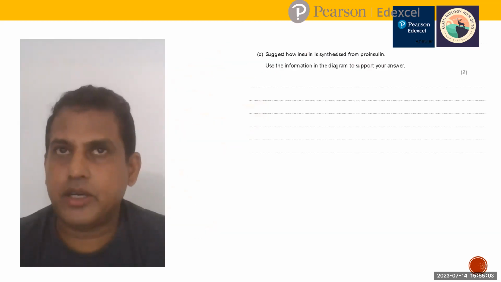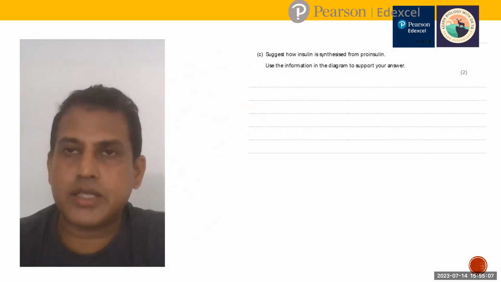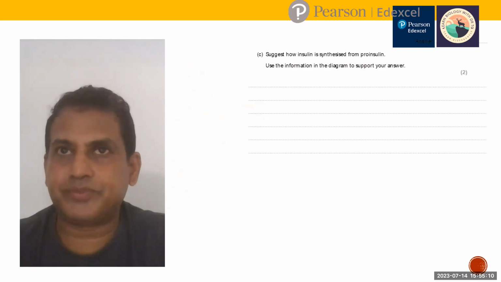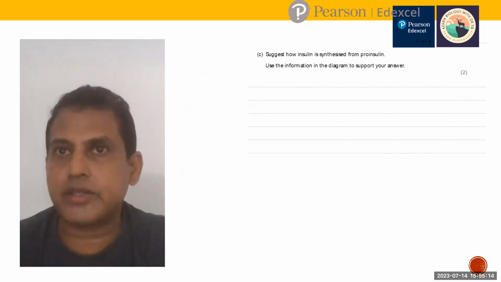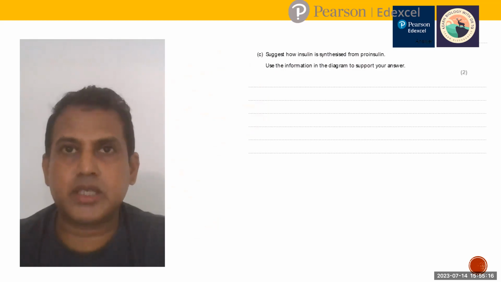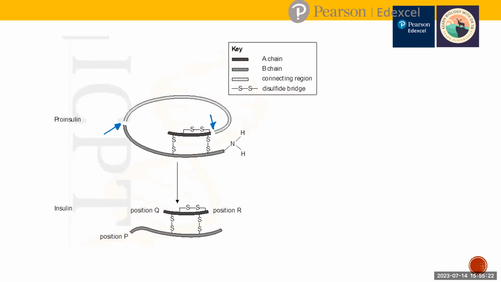But if we read the original question, the same thing is written in the answer. That means you don't get any mark. So you need to remember as a rule, if something is written in the question, and you repeat the same thing in the answer, you don't get the marks. Of course, yes, insulin is formed after removing the connecting region.